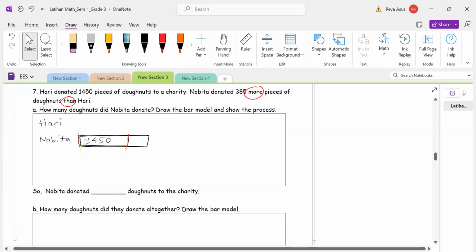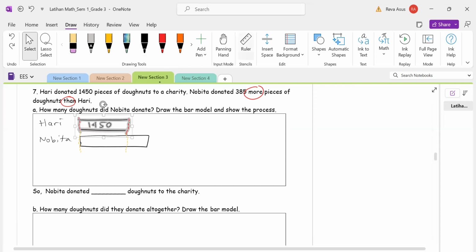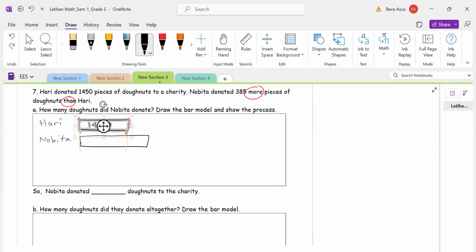So this area is 1,450. Yeah. So we can write it as 1,450, from this to this. Yeah. And then what is the number for this bar?